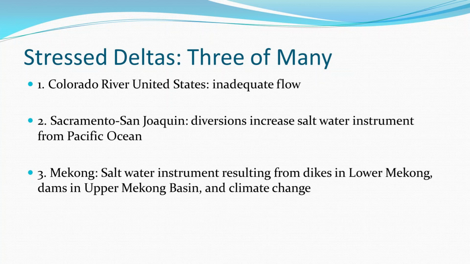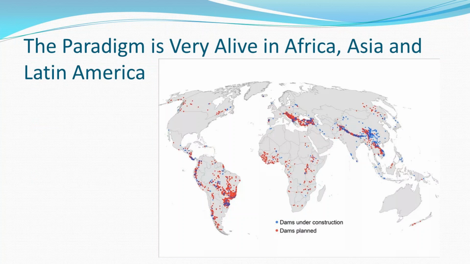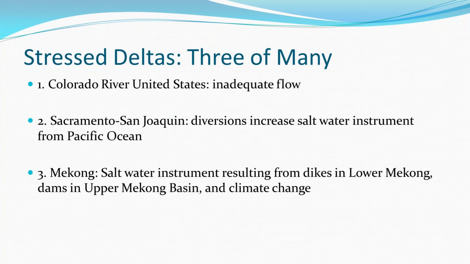In the United States, the Colorado River Delta, which I showed earlier, was almost extinguished because the entire flow of the river was diverted before the river reached the sea. And there is an allocation regime on the Colorado River.